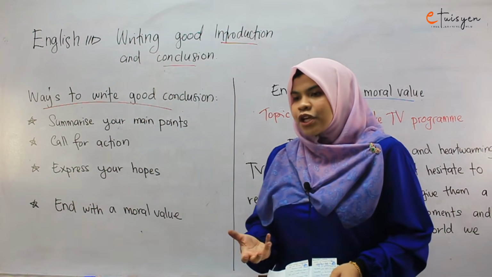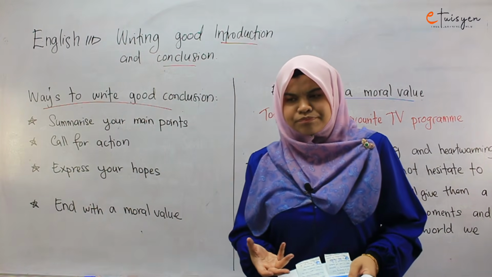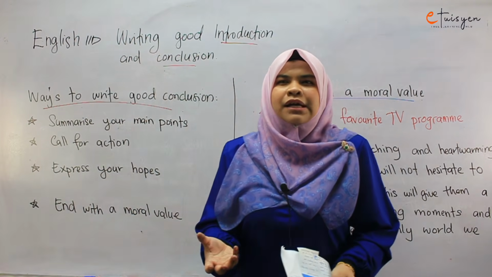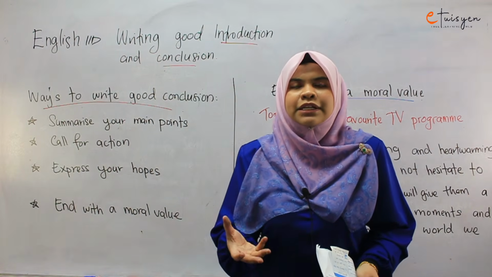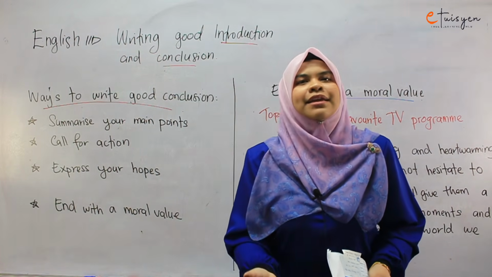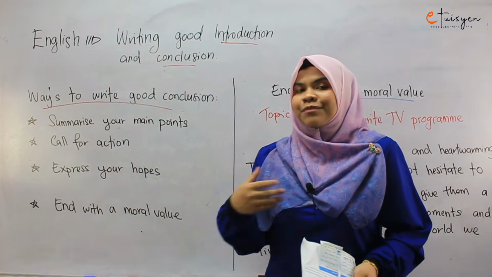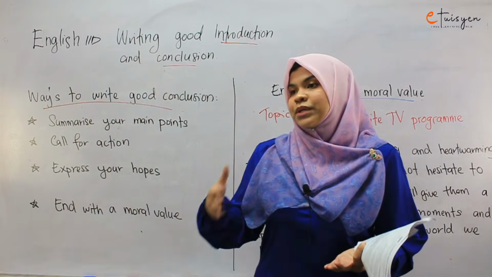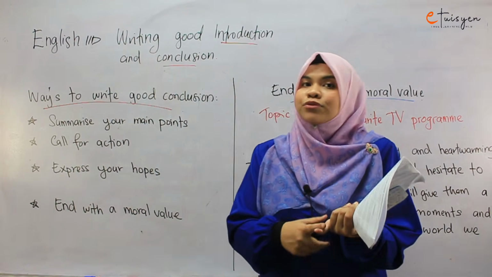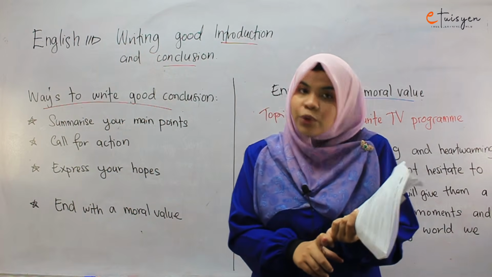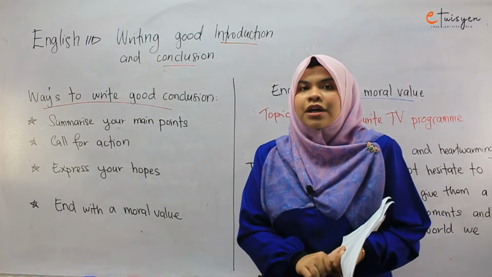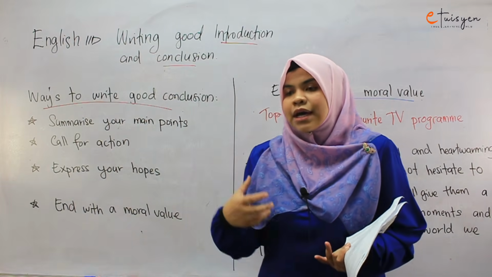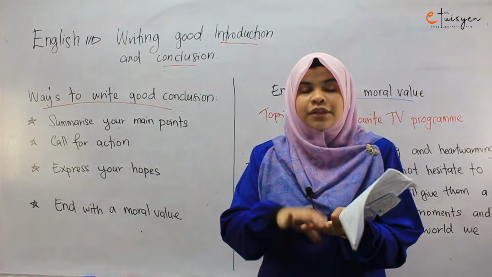Say for example you give some action item for the reader, something the reader needs to do on their end. Say for example, if I were to write an essay on ways to be better in English, first you have to read more books, read more articles, and second you have to practice, apply what you have learned, and third, do some exercises.